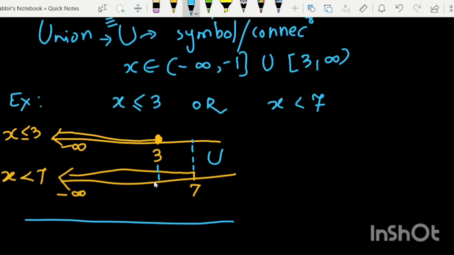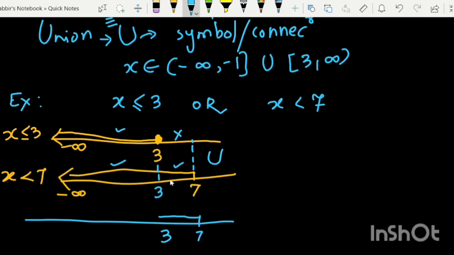Like from 3 to 7, this has values, this doesn't have values, doesn't matter. 3 to 7 we will take, because we have to take all the solutions of both the inequalities, whether common, like here they are common from minus infinity to 3, from 3 to 7 they are not common.